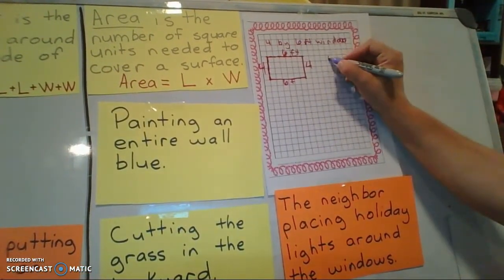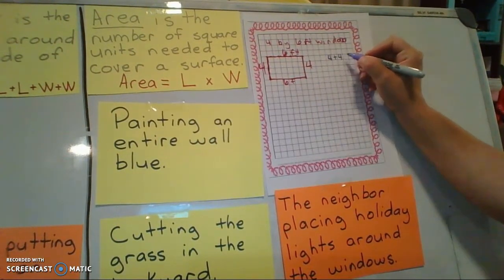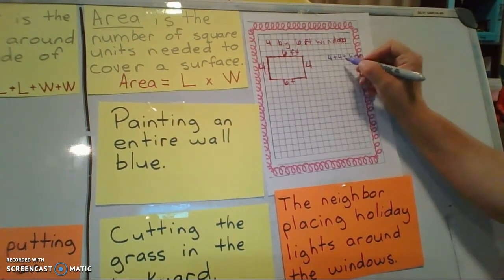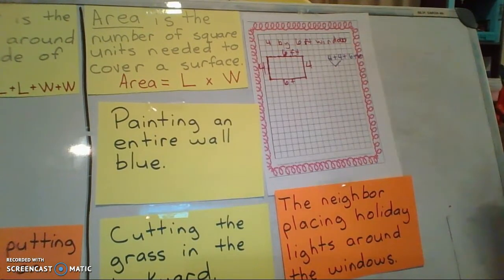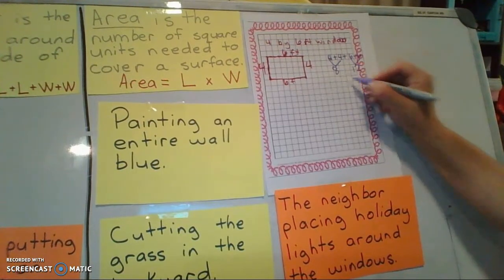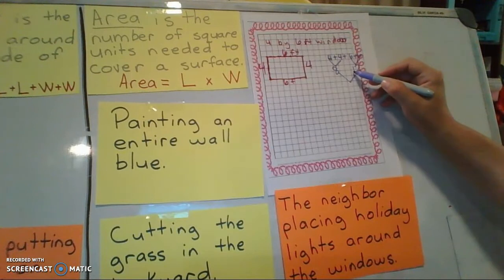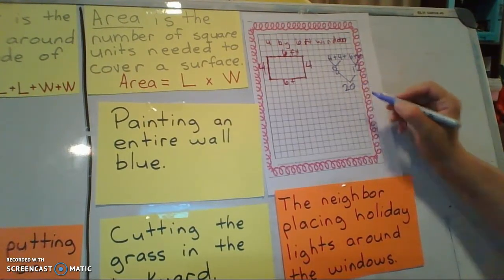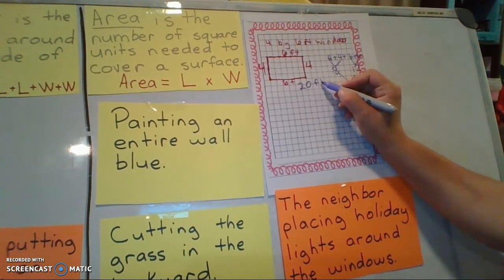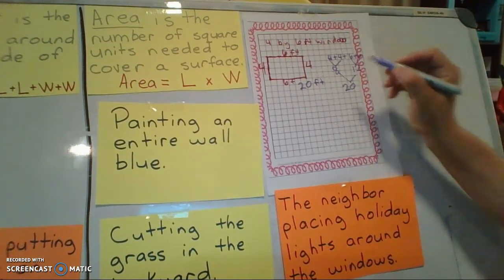It's going to be 4 plus 4, and it's going to be 6 plus 6. 4 and 4 would give me 8 feet. 6 and 6 would give me 12 feet. And if I add that together, I know that 8 and 2 is 10, and one more 10 is 20. So my answer here would be 20 feet of holiday lights, and that will be my perimeter.